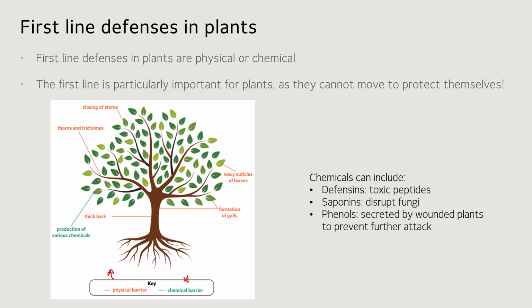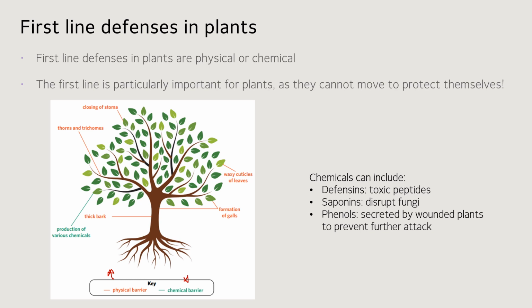Some of the physical barriers that plants may have are thorns, thick bark, waxy cuticles on leaves, anything that can prevent the entry of a pathogen into the plant. And then you can have chemicals, like defensins and phenols, that can prevent further attacks. They can be toxic, any of that sort of stuff, a range of chemicals, but that's really all you need to know in terms of plants.